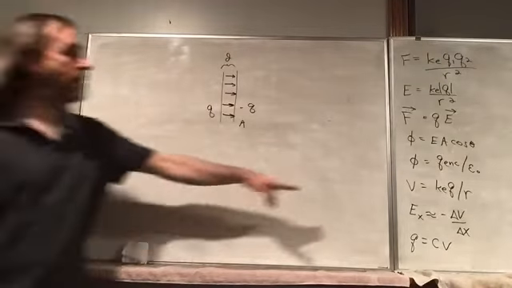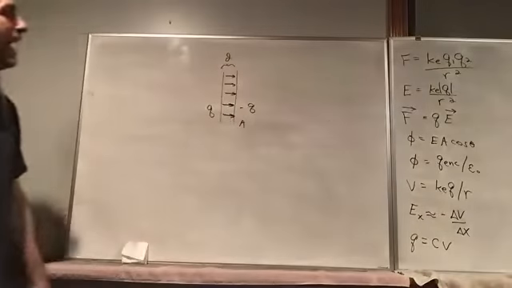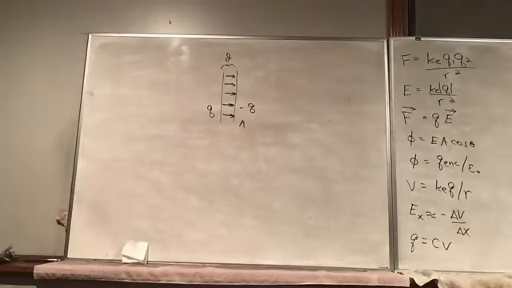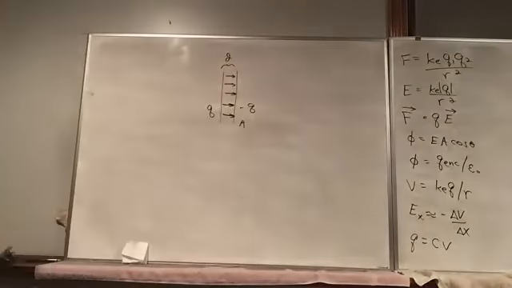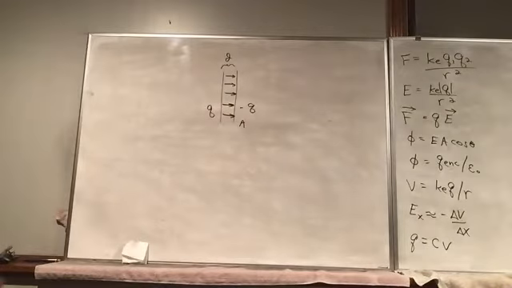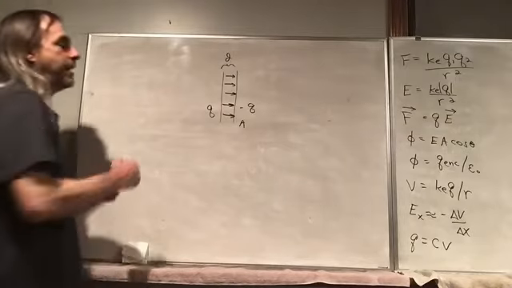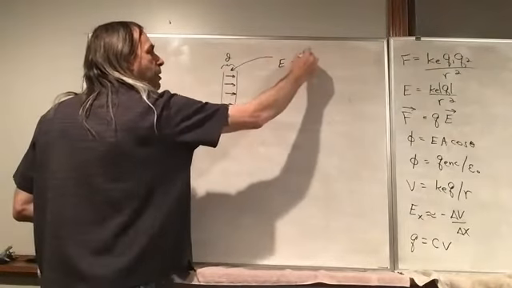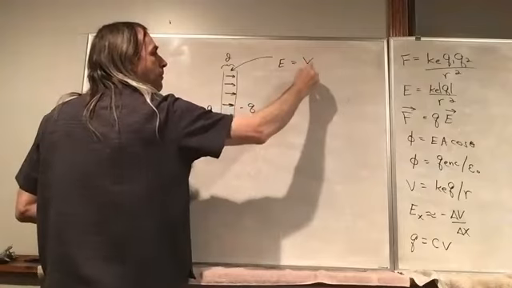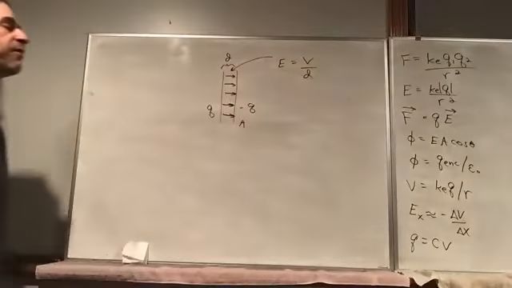And this equation here actually becomes exact in this case. Because if you have a constant electric field, you don't have to worry about the approximately equal. It becomes equal. So in between the two plates, the electric field would just be V over D, where V is the potential difference.